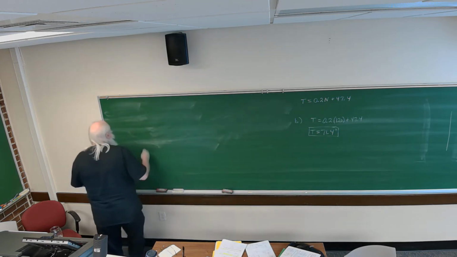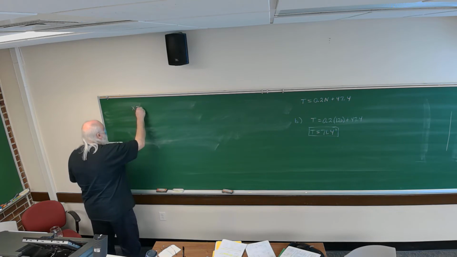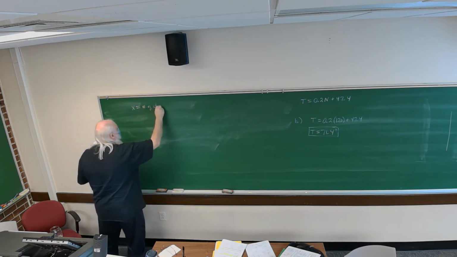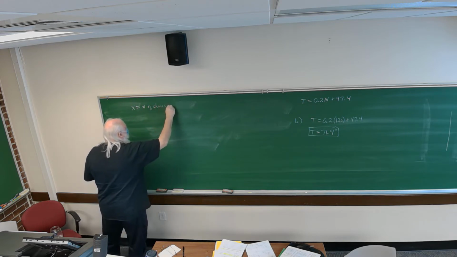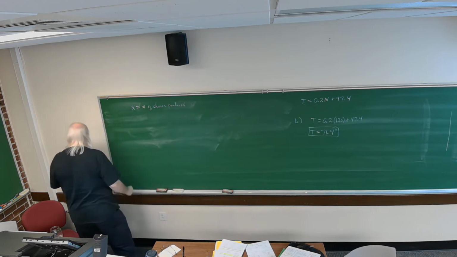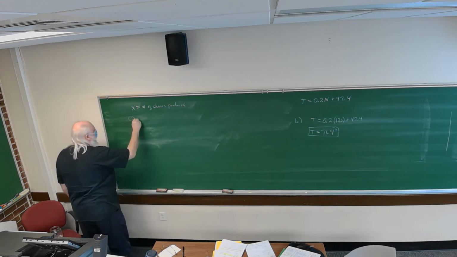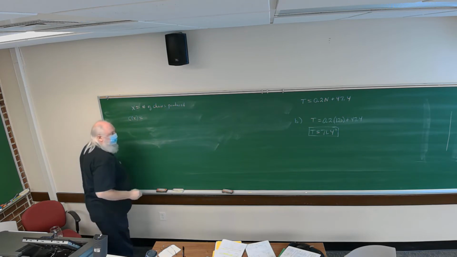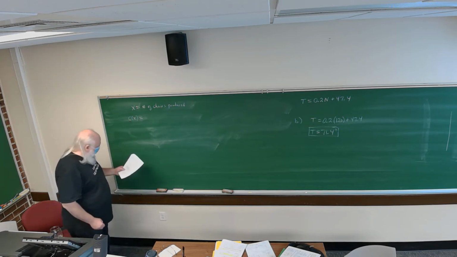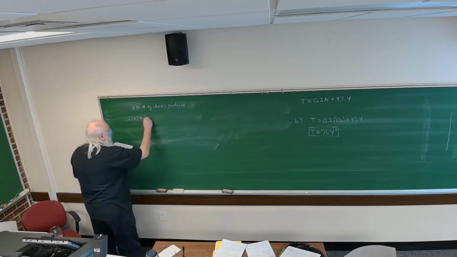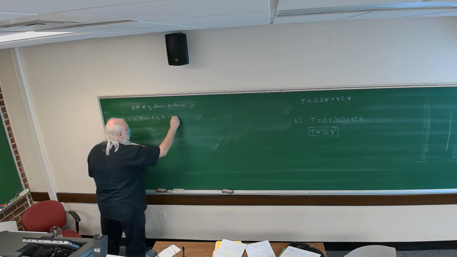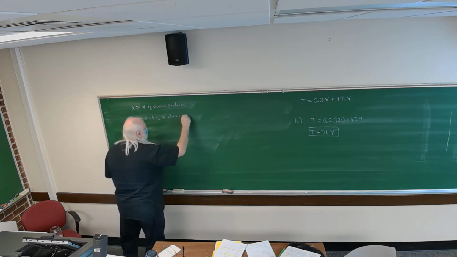So cost is a function of number of chairs produced. So we can let X equal the number of chairs produced. Then C of X, right, because we're coming up with a linear function, so C stands for cost. C of X is the cost of X chairs produced.